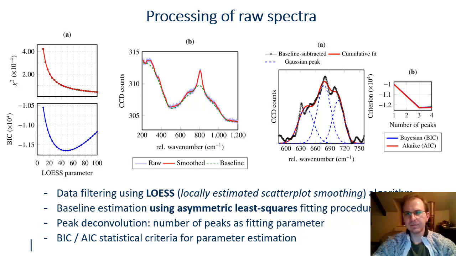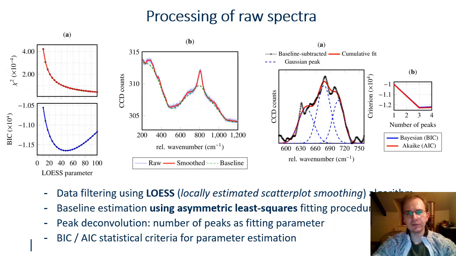The filtering was statistically justified because the smoothing parameter was chosen by applying the BIC criterion, varying this parameter and looking at how the BIC changes. The BIC should stay as low as possible for the optimal model.